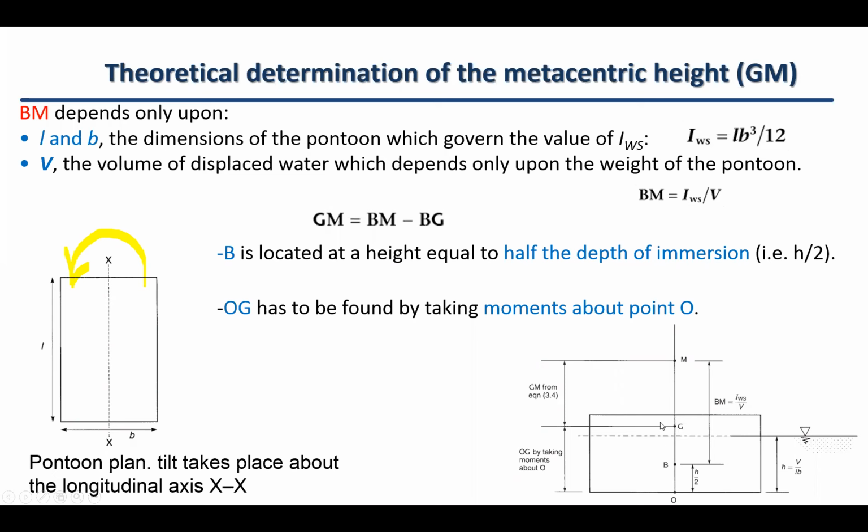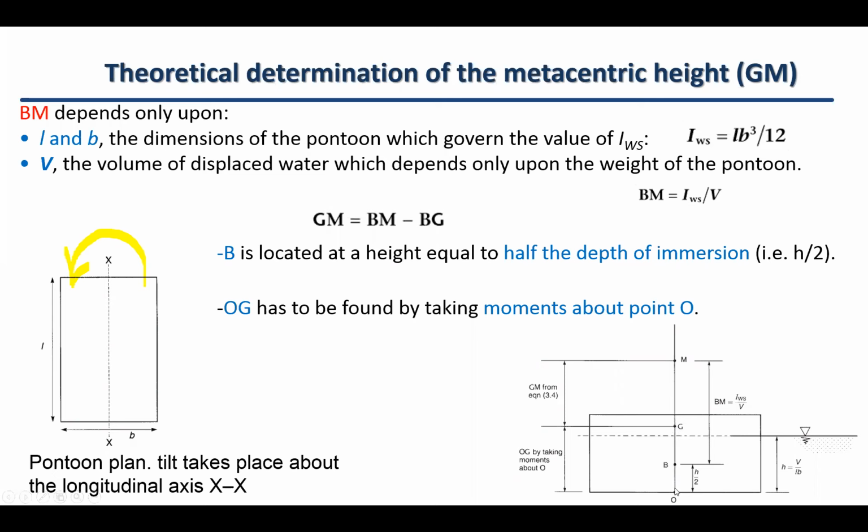If this is a regular shape, it can be easily calculated by taking the intersection of the diagonals, or for any regular shapes, we know where the center of gravity is located, and by taking the moment about the base, we can calculate the location of point G. And the OG here is calculated.